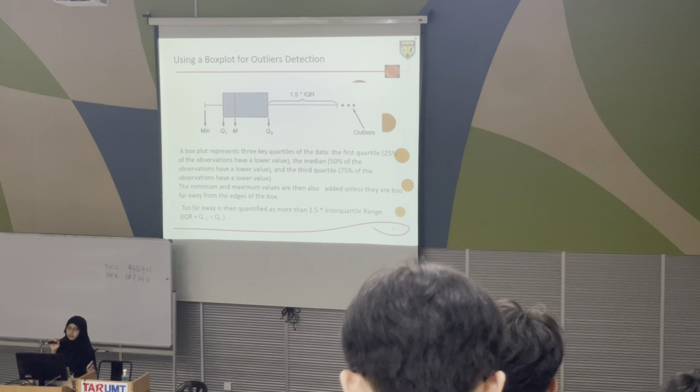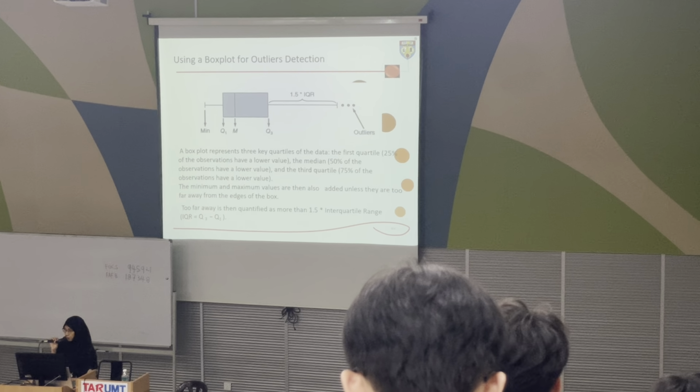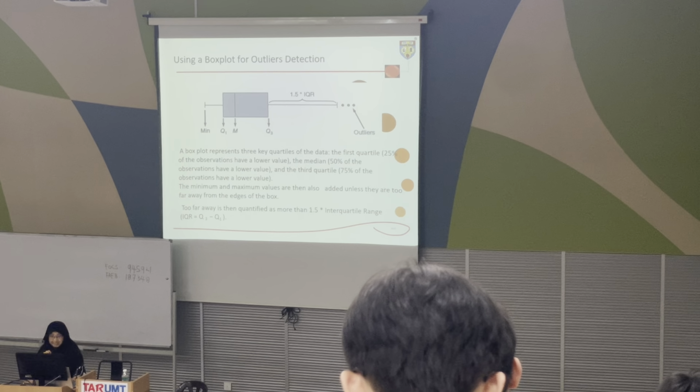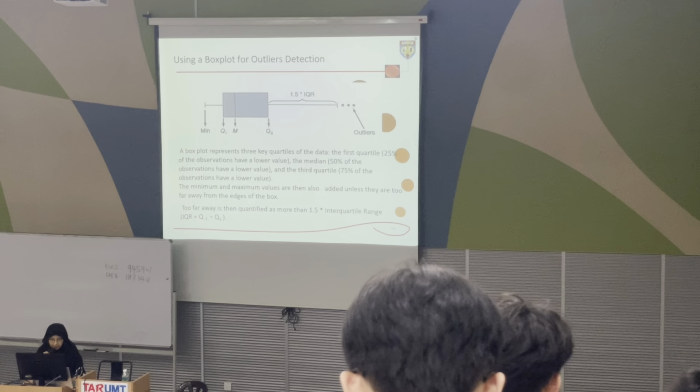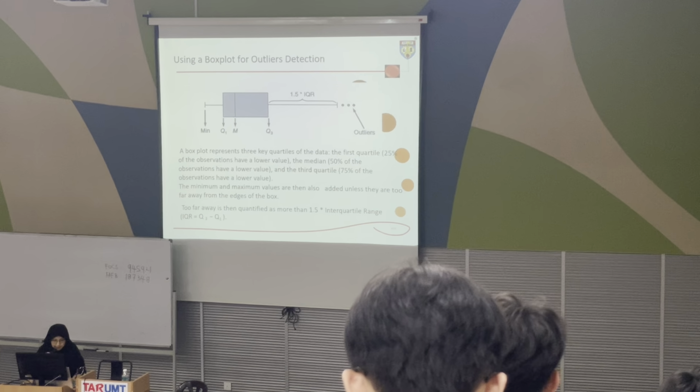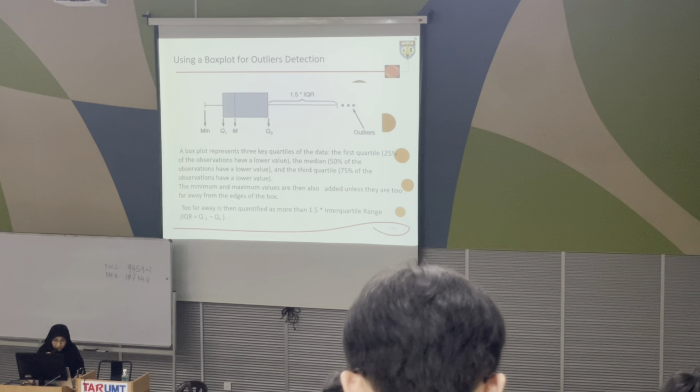And another way is you can use a box plot, the box and whisker plot, to detect the outliers. For example, this is the five-number summary of your box plot. Here we have Q1, quarter 1, which is 25% of your data set.